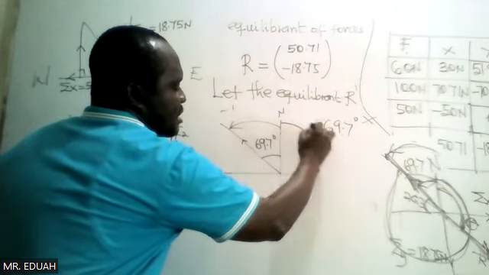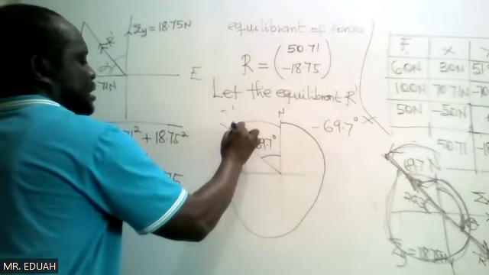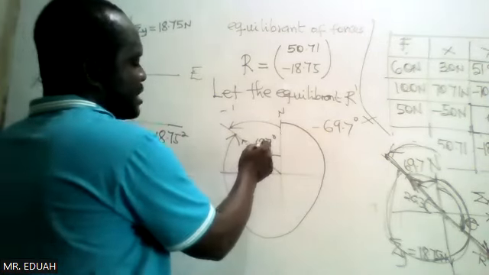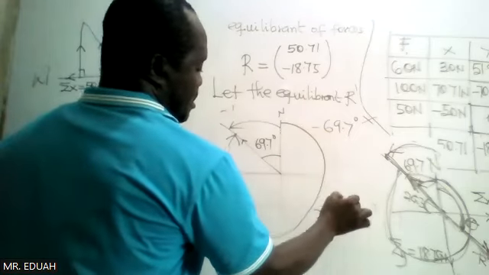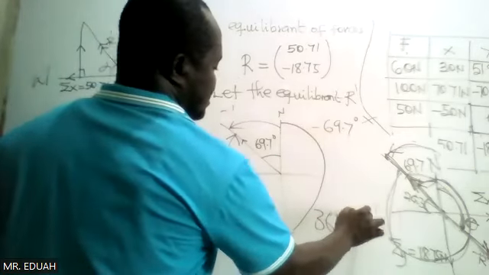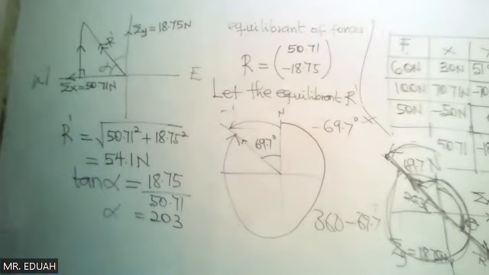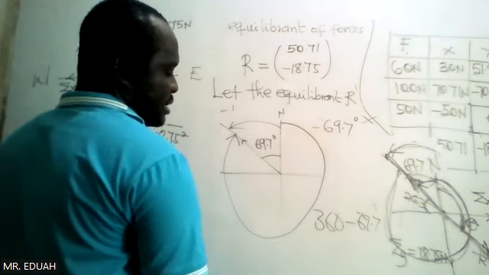If I'm measuring from the north in a clockwise direction, all that I do is to subtract 69.7 from 360, which is 360 minus 69.7, and I have the direction. That will be 200 and what?